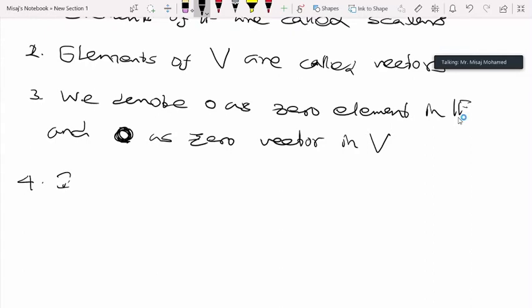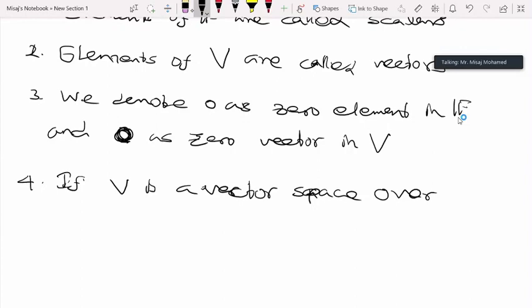If V is a vector space over R, meaning real numbers, here F is equal to R. R means the set of real numbers.